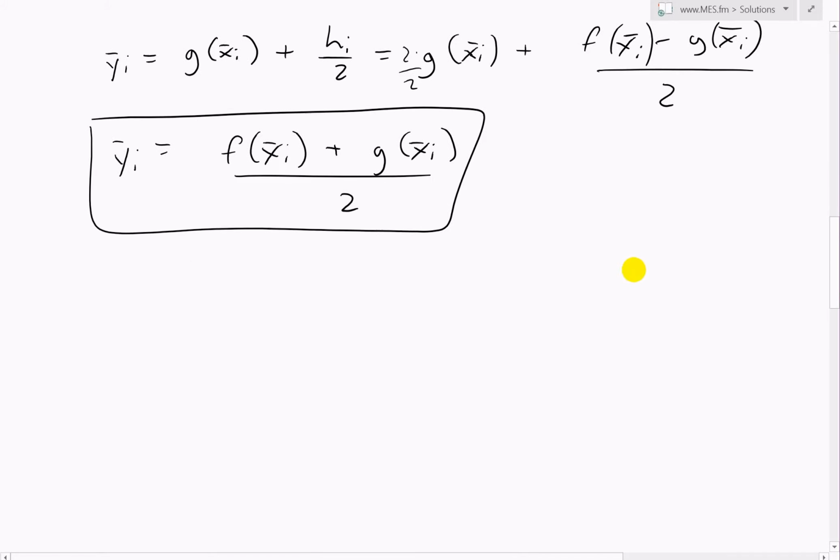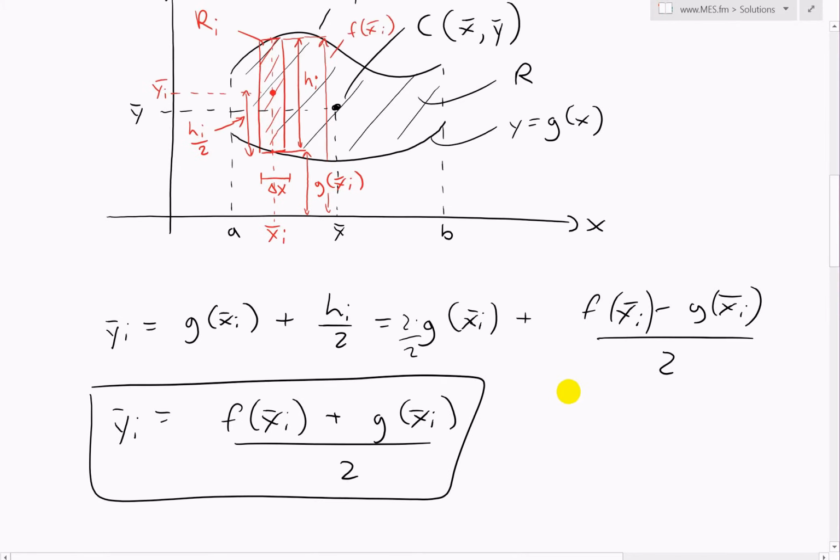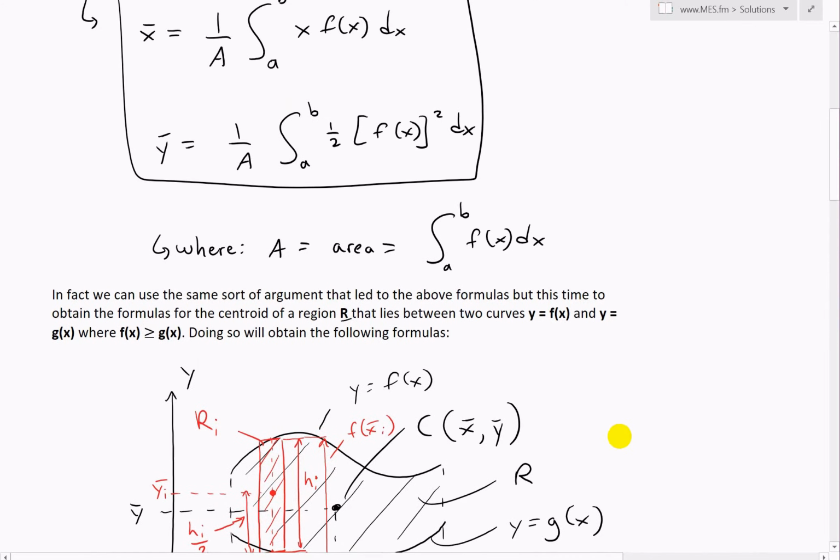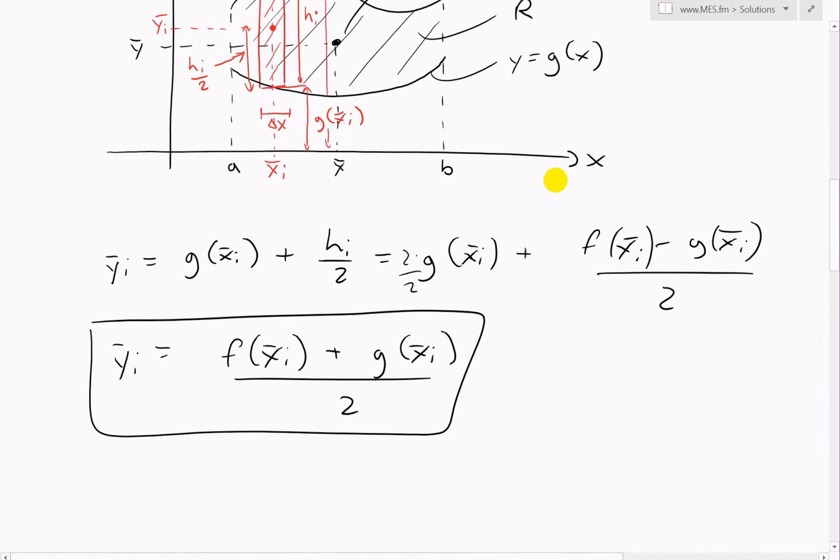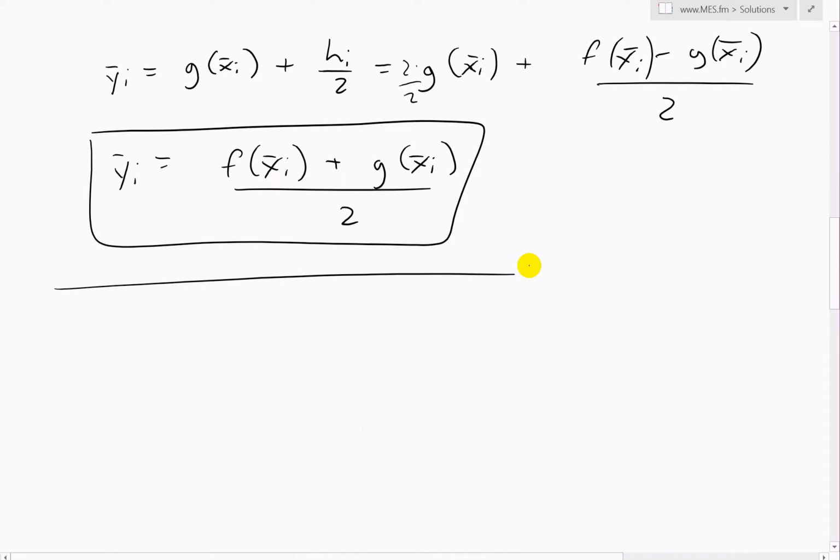And again, the next step that we used in our earlier video in deriving these formulas is first we get the moments. So the moments about the y-axis, let's just draw this, moments about the y-axis.